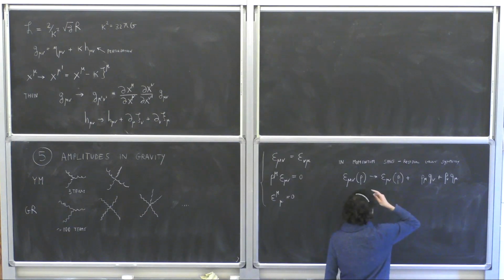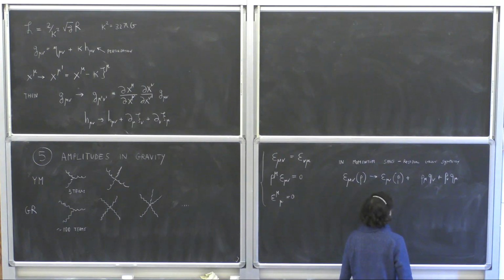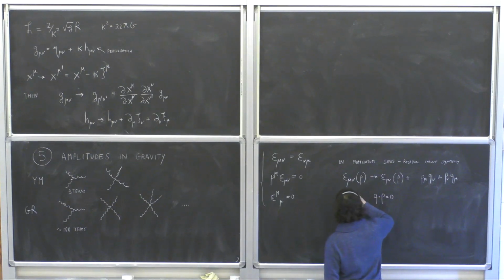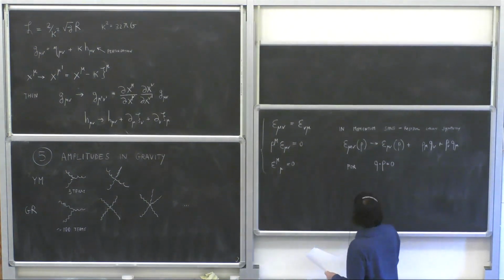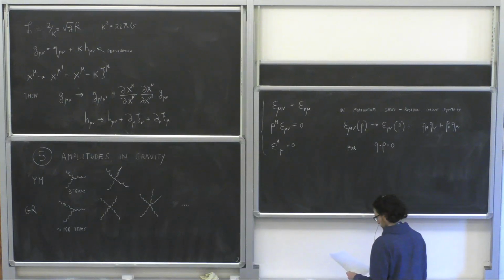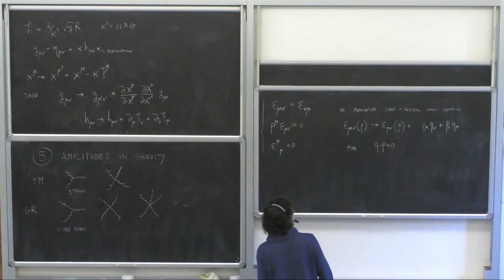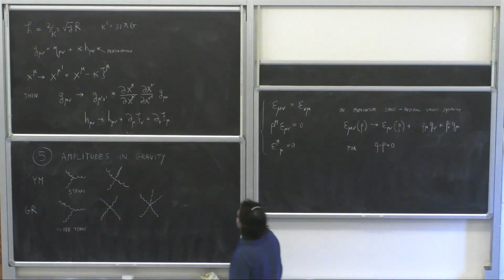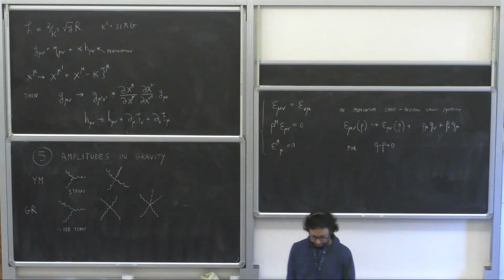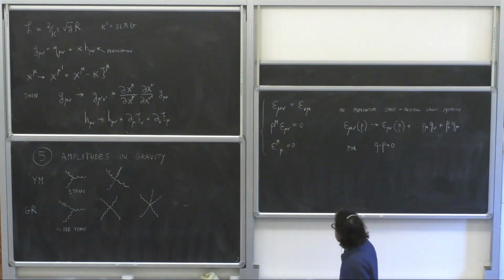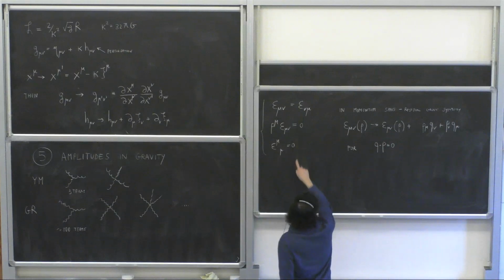This still doesn't change the properties, provided that q has a zero scalar product with the momentum. Q here is a reference vector; you can think about this as parametrizing the linearized diffeomorphisms that preserve these conditions.